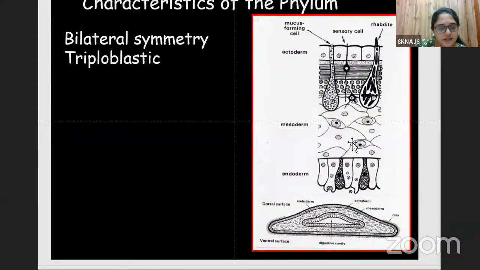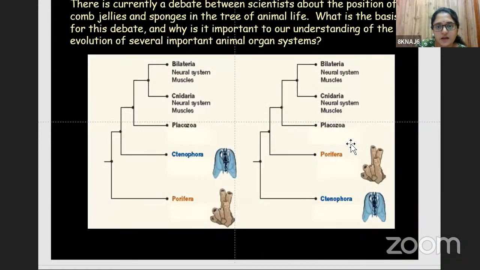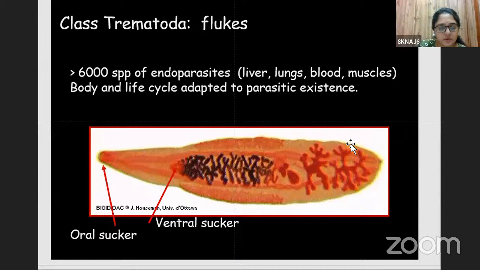Coming to class Trematoda, they are flukes. The most famous example is Fasciola hepatica, which we are going to read about. Then there are Schistosoma, Paragonimus and Aspidogaster. All these are examples of flukes. The adults are ecto- or endoparasites.